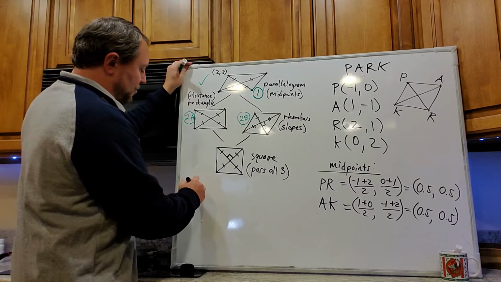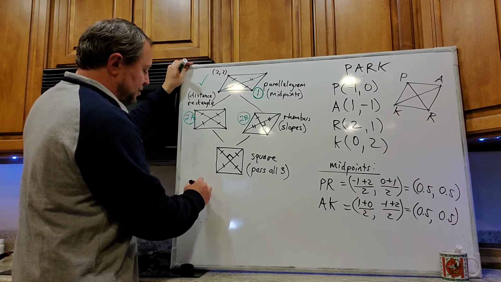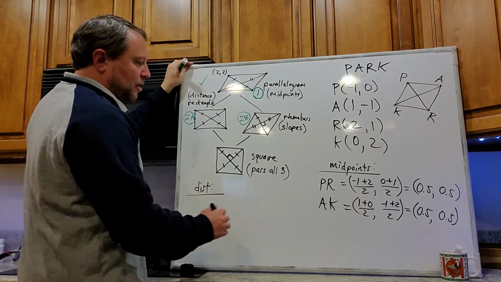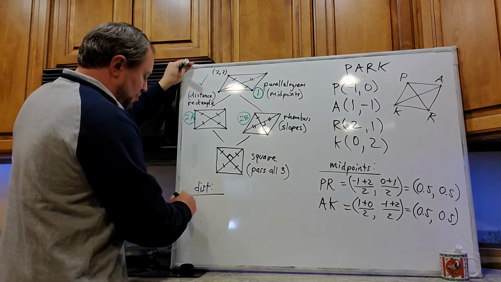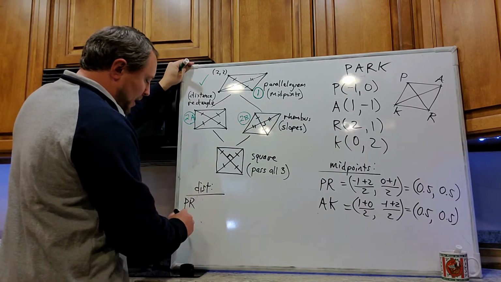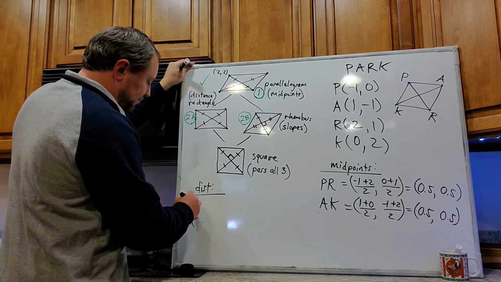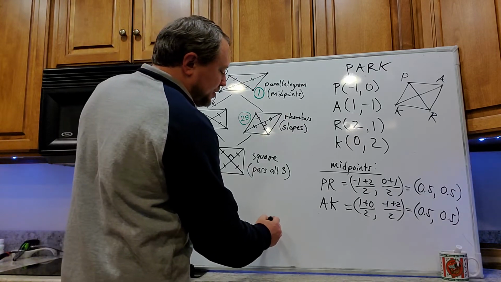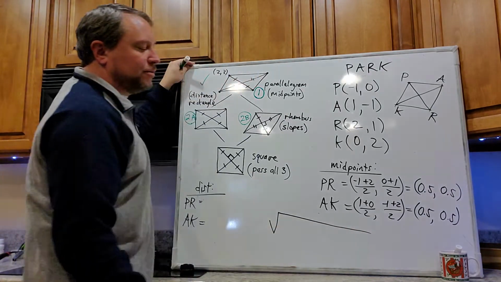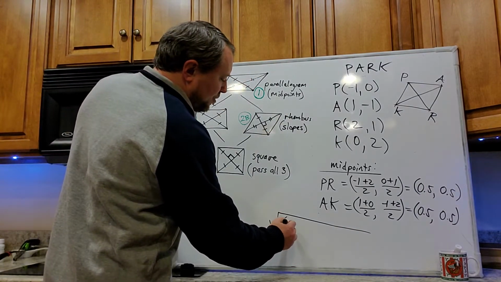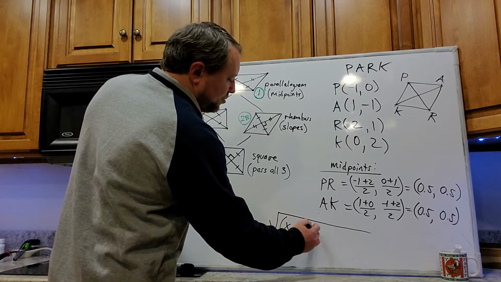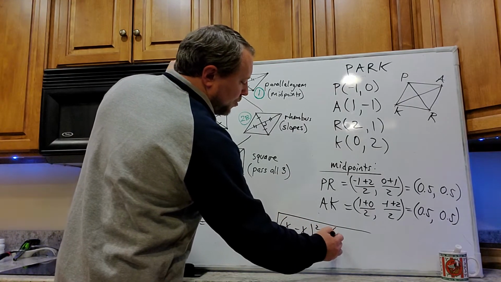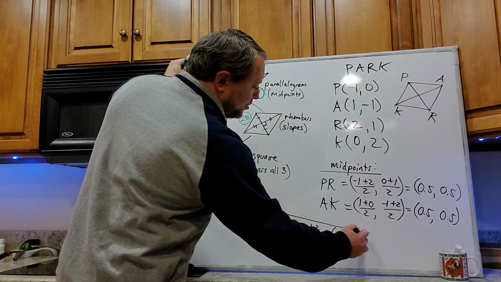Okay, so we're going to have to find the distance of these same two sides, PR and AK. Again, if you forget the distance formula, it's that one big long square root, where it's the square root of x1 minus x2 squared plus y1 minus y2 squared.